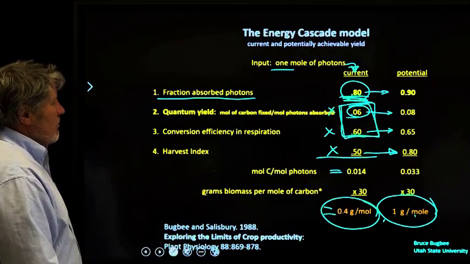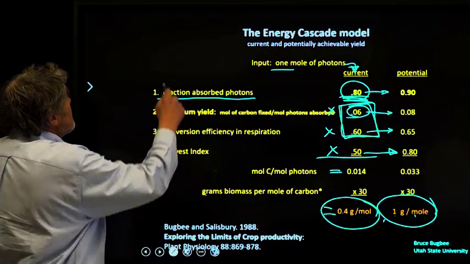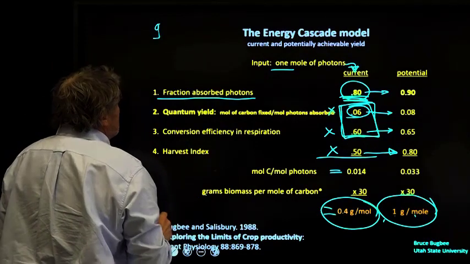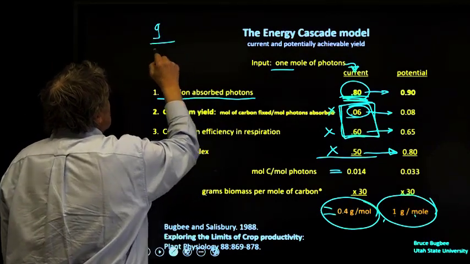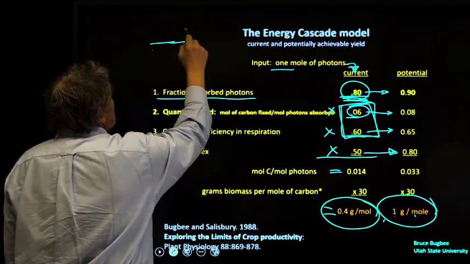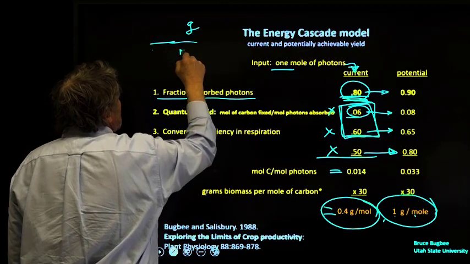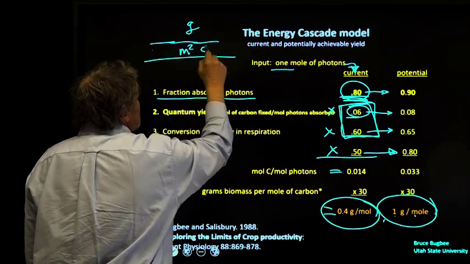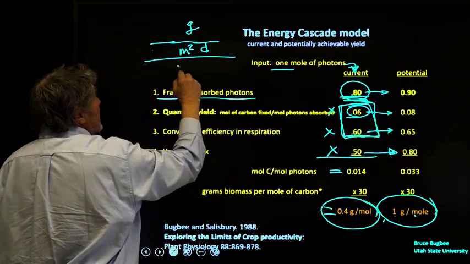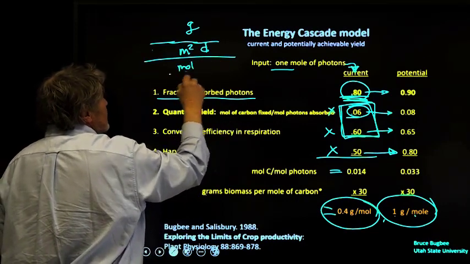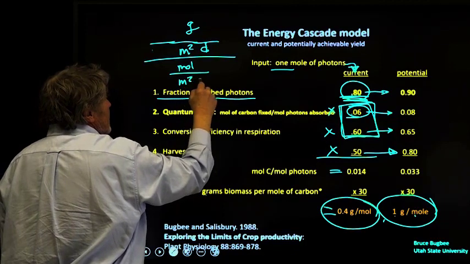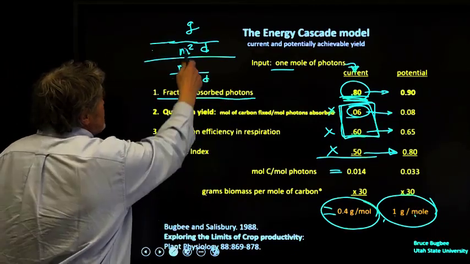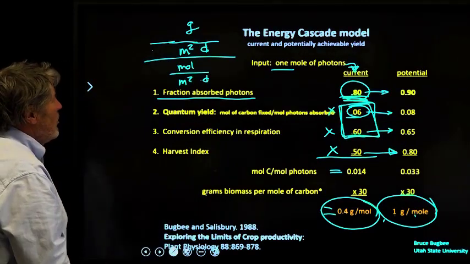That 1 gram per mole comes from grams per meter squared per day of the output, the growth rate of the plants, and moles per meter squared per day of the input. And you can see how the units cancel, so you get grams per mole.